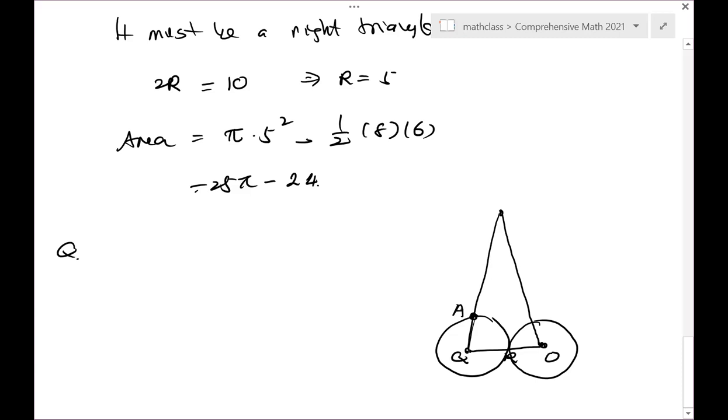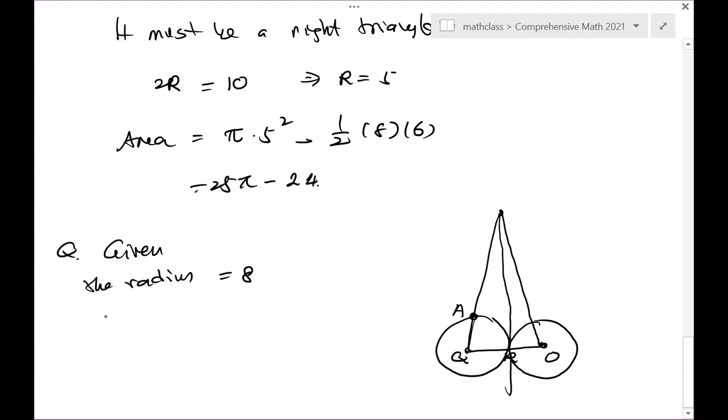We are given the following information. Each of the circles has a radius of 8 units. And we also know this is a line passing through that.